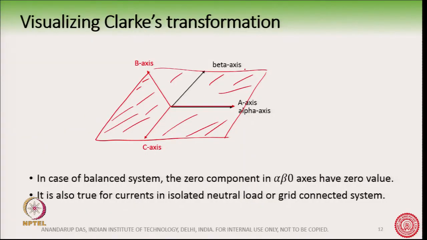Sometimes instead of drawing it this way, we also draw it as if we are looking from the top. Looking from the top of this plane, we will see the A axis here, the B axis here, and the C axis here, and we will also see the alpha axis here and the beta axis here.